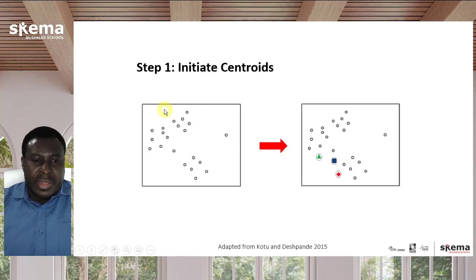You begin with a data set like this, and let's suppose we want 3 clusters. One of the things in k-means cluster analysis is that the analyst needs to determine in advance how many clusters they want. In this case, let's do 3.